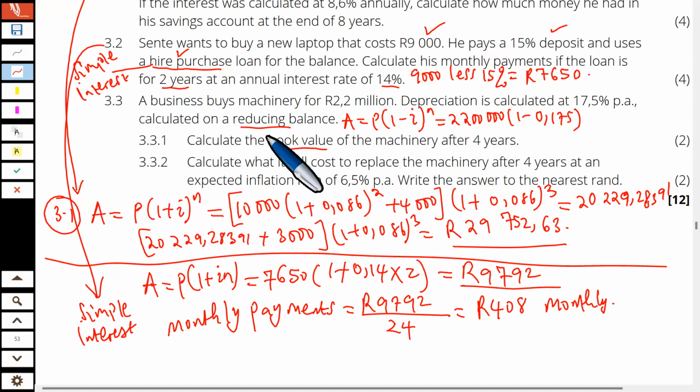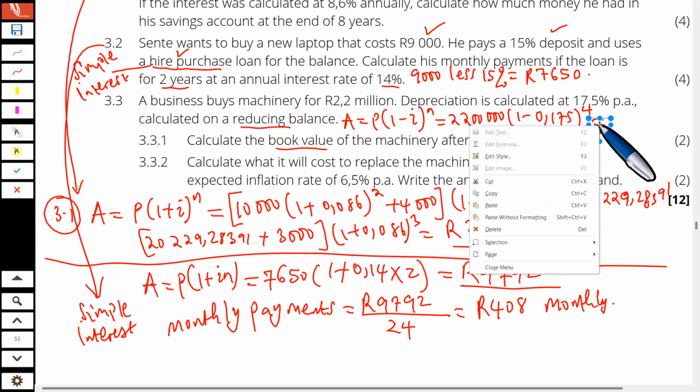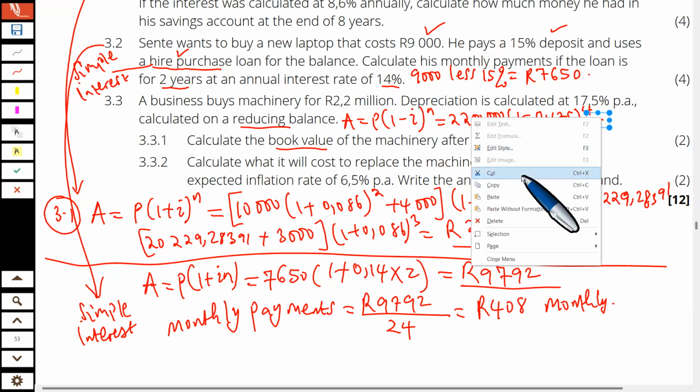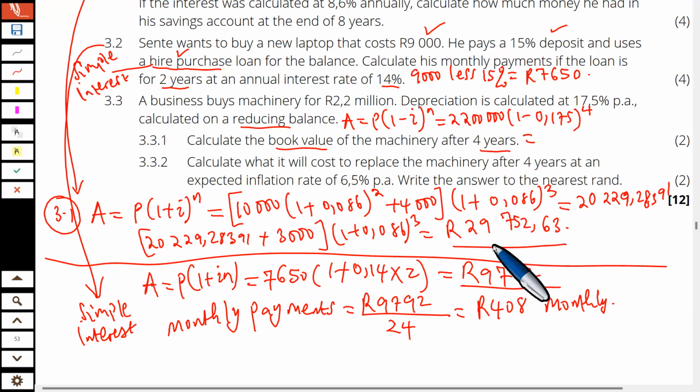Obviously the book value of the machinery after 4 years, so you put the fourth power. If you put the fourth power, what does this become? You can write at the bottom here to create a little bit of space. What is the book value of the machinery after 4 years?